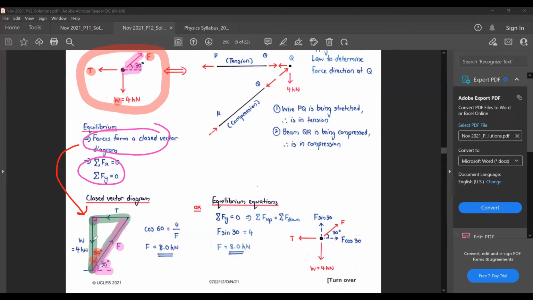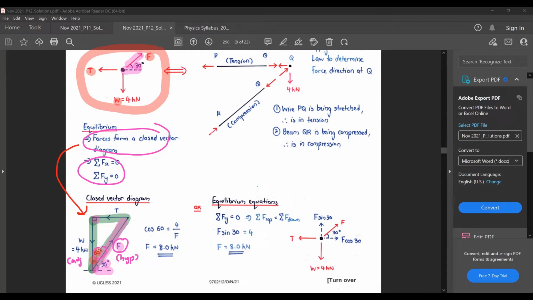Okay. So what you want to find is force F. You can actually try to use trigonometry to find out F already. You see, you want to find the hypotenuse here, but you already know the adjacent side.